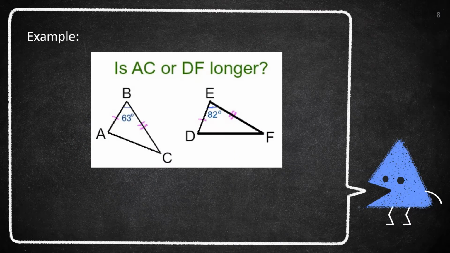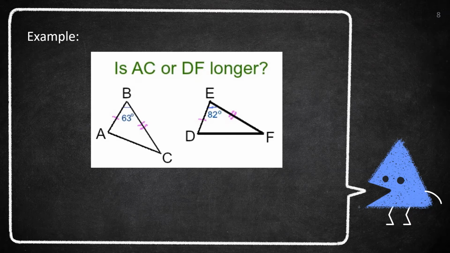Another example: is AC or DF longer? Which do you think is longer? So let us see the measurement of the angles. Angle E is 82 and angle B is 63. Which angle is greater?